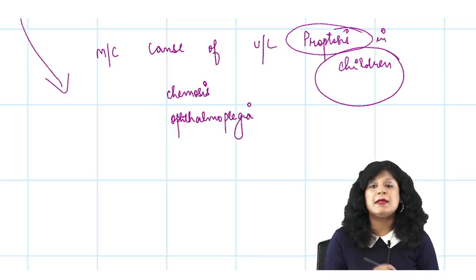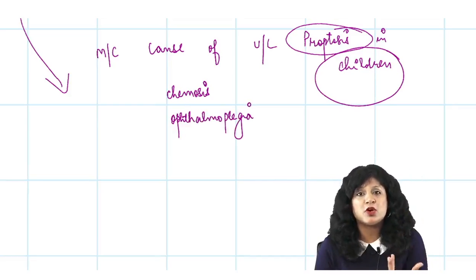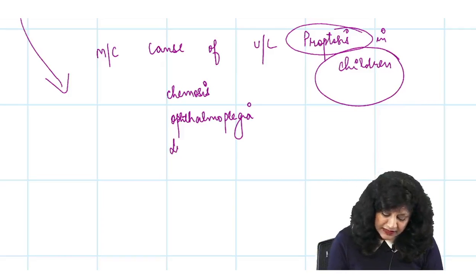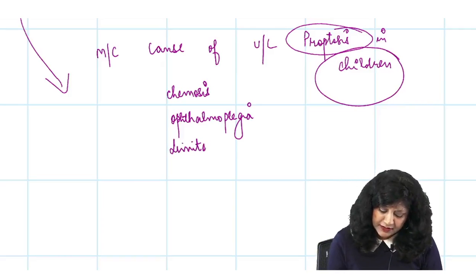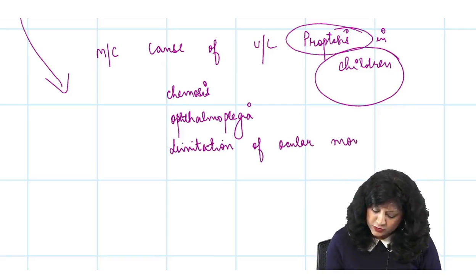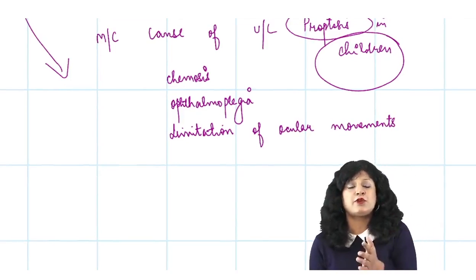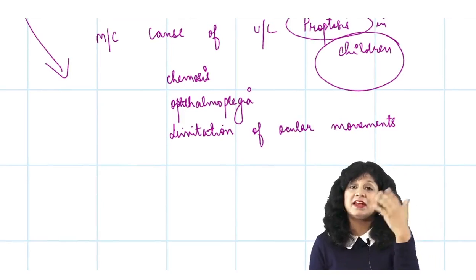Ophthalmoplegia means there can be paralysis of the extraocular muscles because of the involvement of the nerves. There will be limitation of the ocular movements, right? So you are going to get so many things apart from just the pain here.